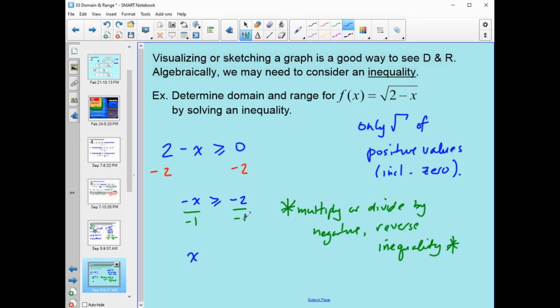Negative 2 divided by negative 1 becomes positive 2, which is going to be related to our answer. And then this greater than or equal to sign is going to change into a less than or equal to sign. And that's because of the reversal that occurred, because in this case I divided by negative 1. If I hadn't divided by negative 1, then I wouldn't have needed to reverse that.